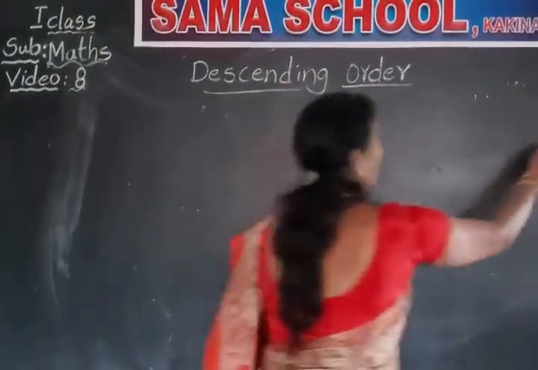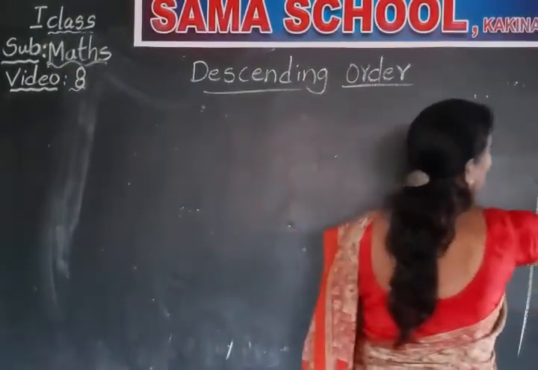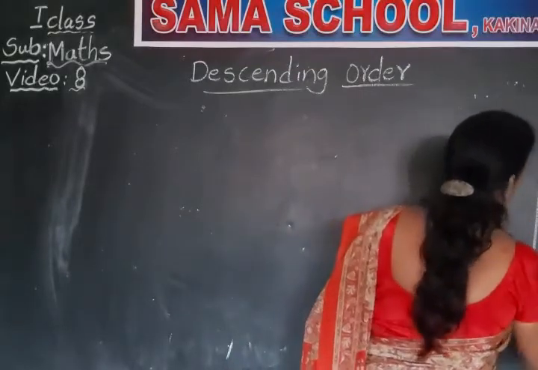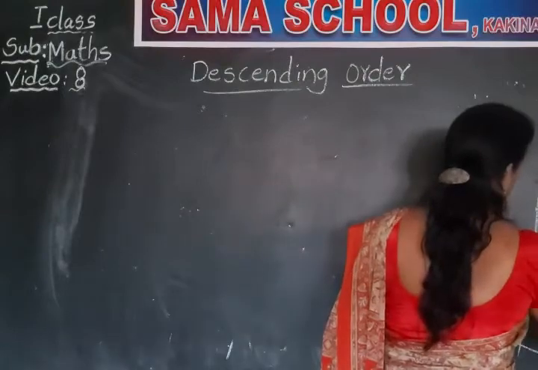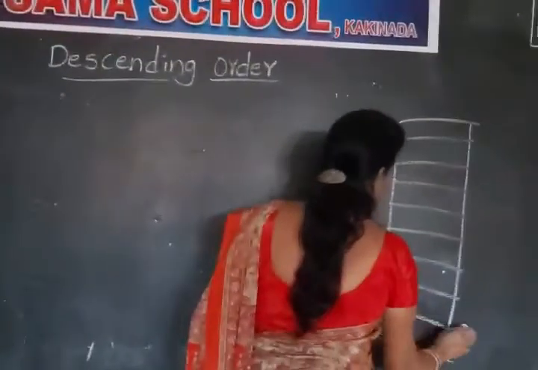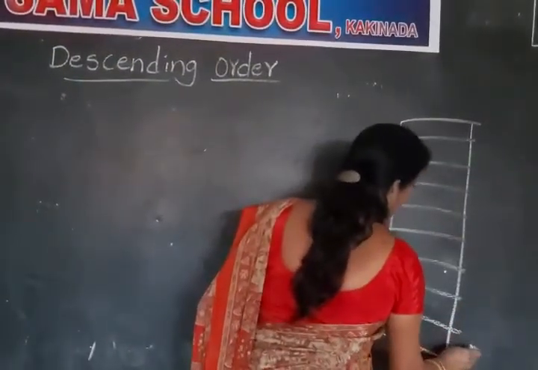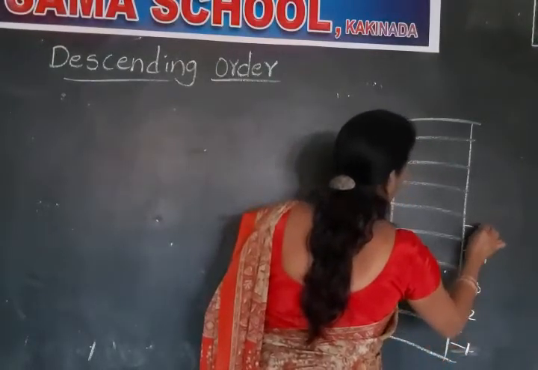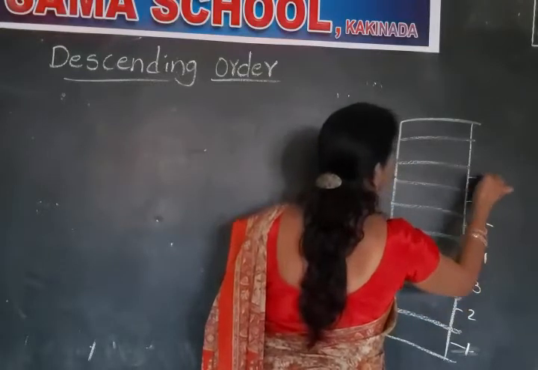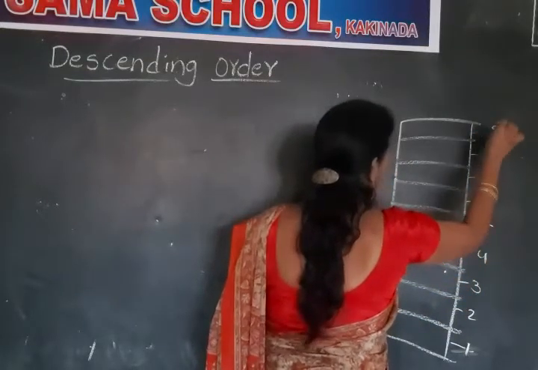Here, see, I got another picture, an apartment. One, 2, 3, 4, 5, 6, 7, 8, 9.